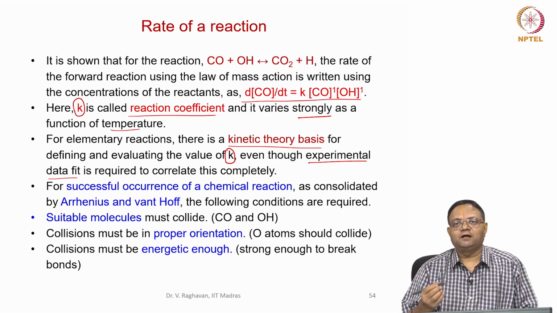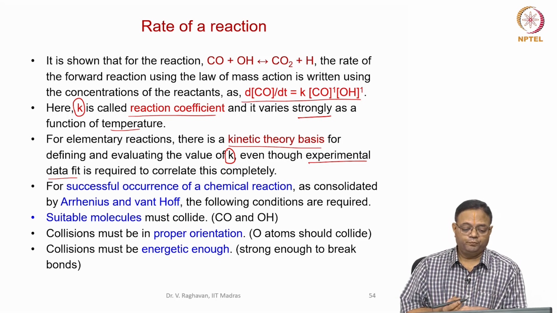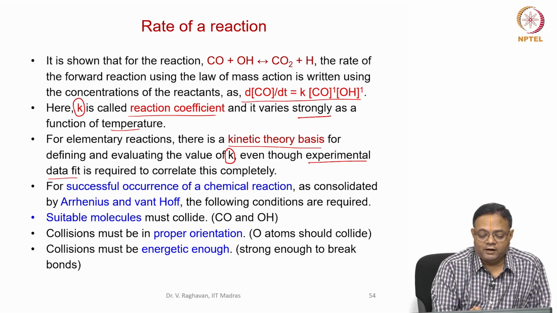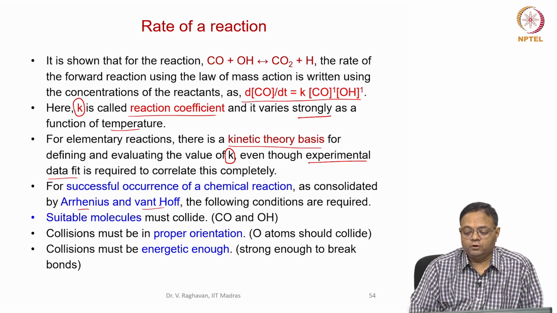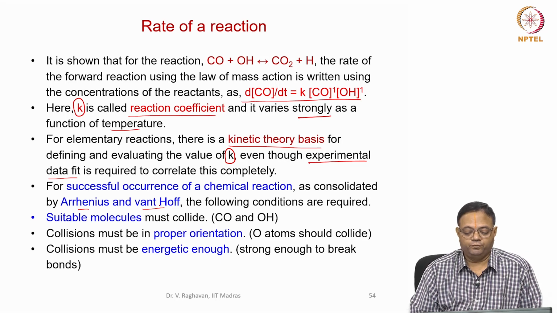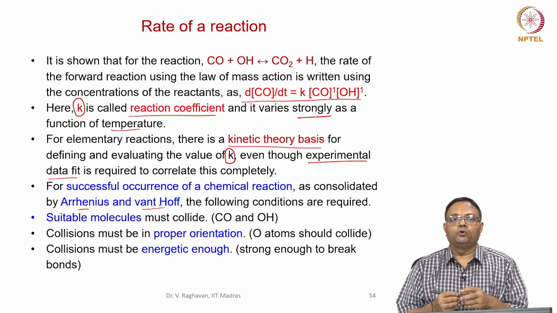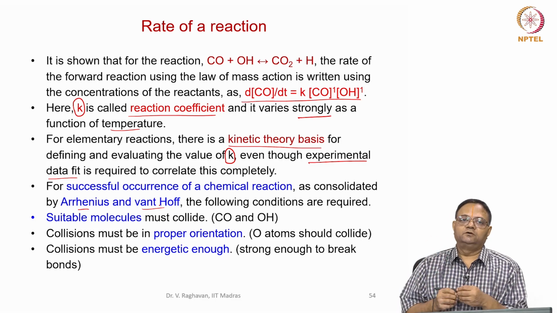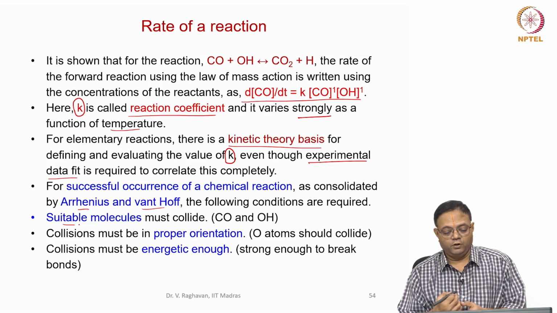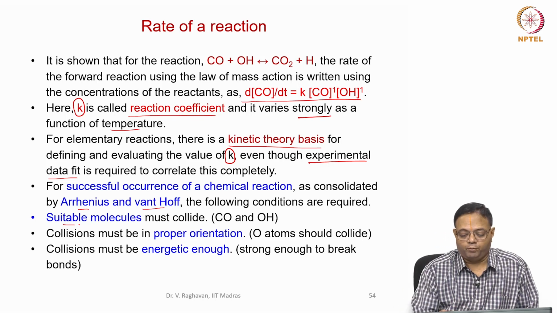So, first of all, we have to understand how the reaction takes place. For a successful occurrence of a chemical reaction, Arrhenius and Van't Hoff told that some conditions have to be satisfied. First of all, molecules which can react, they are called suitable molecules, should collide with each other. The collision must be of proper orientation.